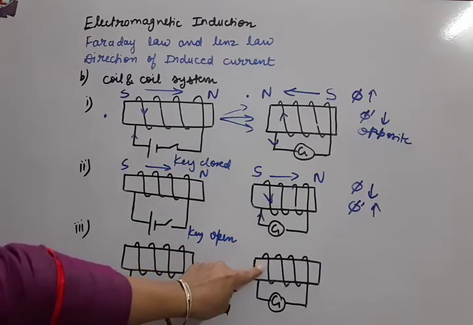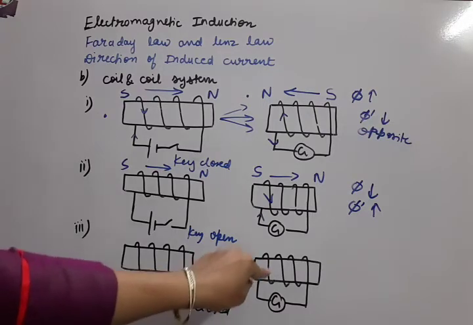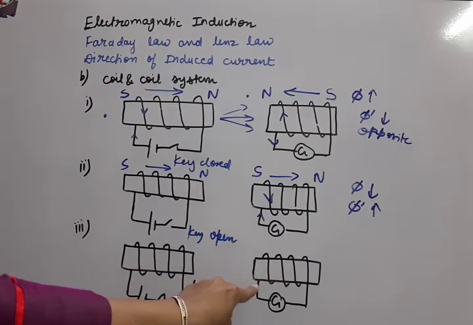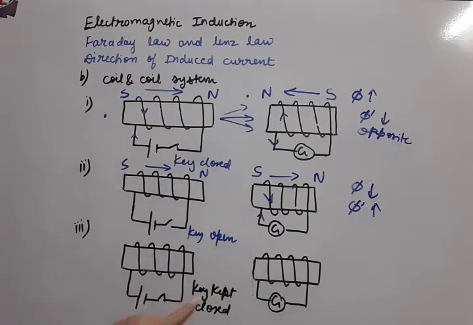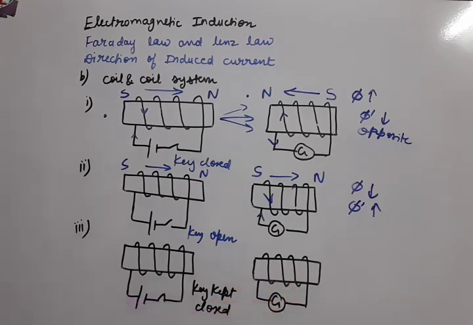If 3 field lines are passing, always 3 field lines will pass, or 4. Whatever number is passing initially, that will pass forever through the secondary coil. That's why there is no change of magnetic flux. Okay, magnetic flux is present here, but change of magnetic flux is not present here when the key is continuously closed. That's why here no induced current will be produced.